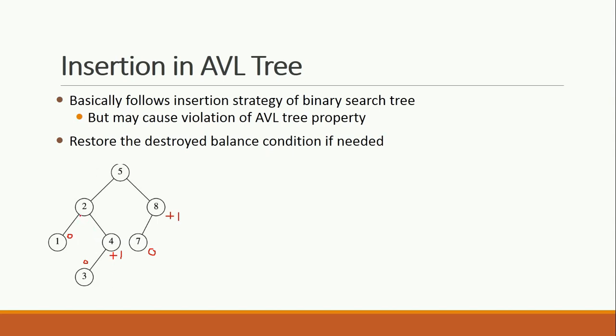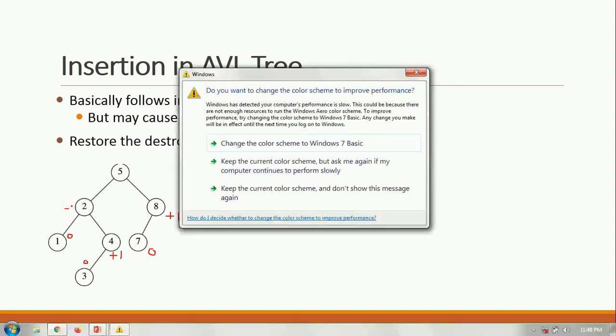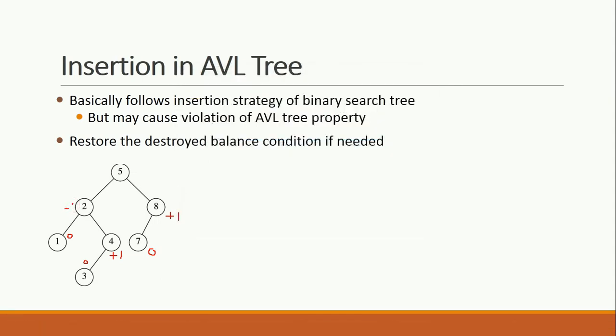Now for this one, the height of the left subtree is 1 and the right is 2, so that should be minus 1. Now for this particular node, the height of the left subtree is 3 and the right is 2, so that should be plus 1. So that is fine. It is an AVL tree.